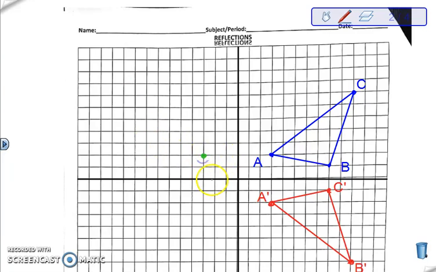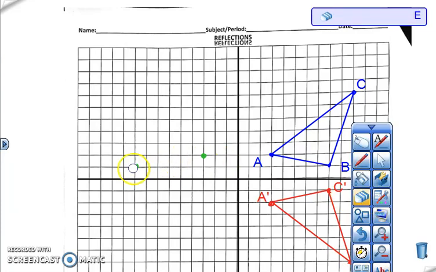Do that the same way, only instead of counting spaces down, we're counting across. Looks like I put that a little bit too far over.